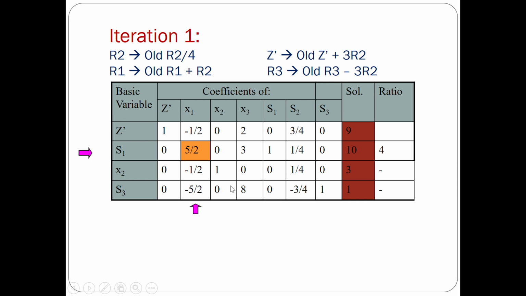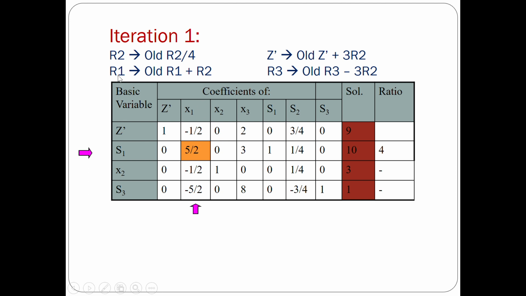It is so simple. We should not change anything in the z function row. We have to just take it as the old z value, and we have to multiply 3 with the key row elements, and we have to add it to that, so that we can just make this as 0.